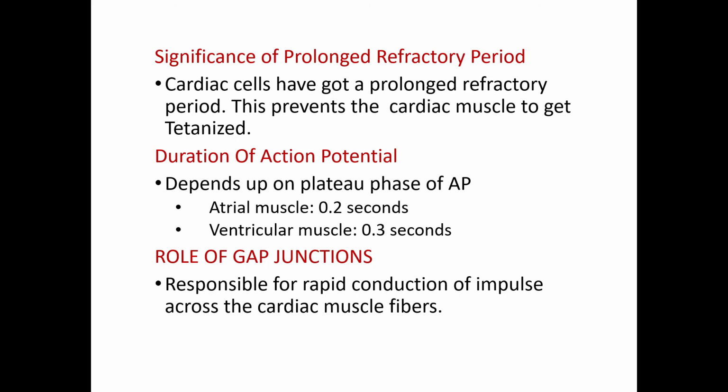Gap junction is responsible for rapid conduction of impulse across the cardiac muscle fiber, and this gives you the idea of syncytium. Cardiac muscles work as a syncytium, that is, they respond to the stimulus and contract simultaneously, because of the presence of gap junctions, which allow fast conduction of the action potential.